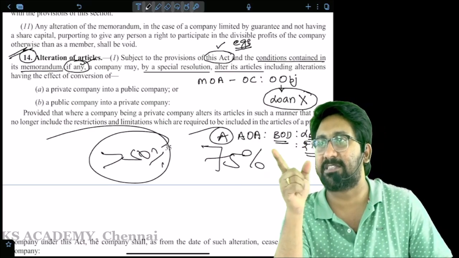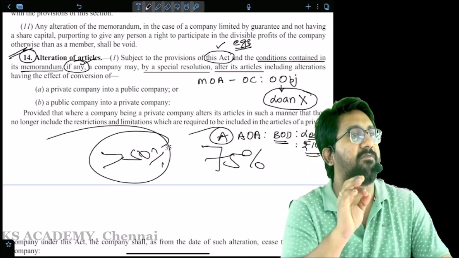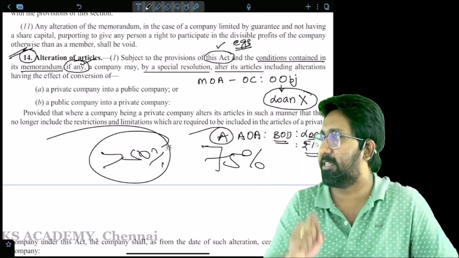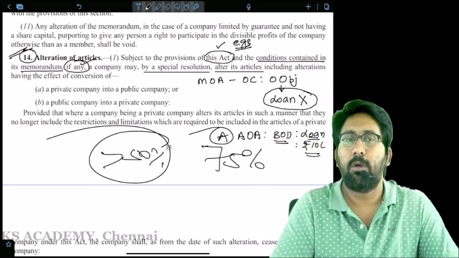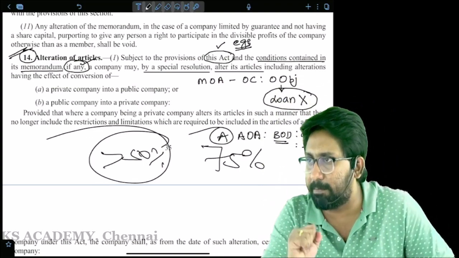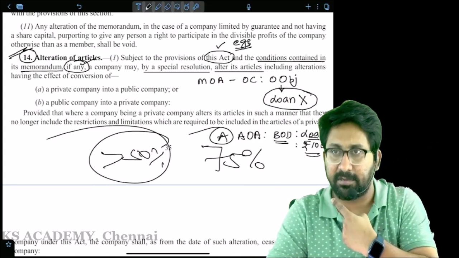In the previous classes also I said this point, if you remember. Whenever we read the concept of alteration of memorandum, one common point is there: first the idea will come to the board, and the board gets its powers under section 179. Already we completed that, or not? Same. That's called subjected to the provisions of this act.